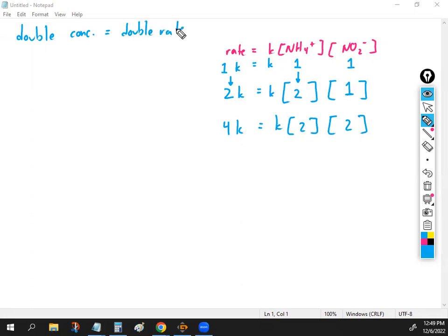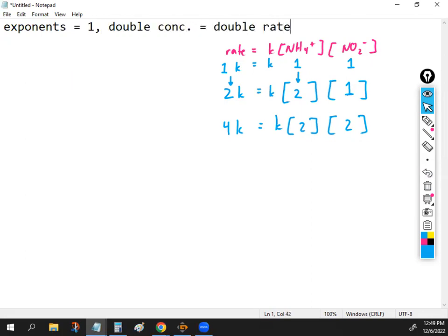This is for when the exponents are 1. So when the exponents are 1, if you double the concentration, you're gonna double the rate. Okay, so far so good? And that's what this is showing us right here.